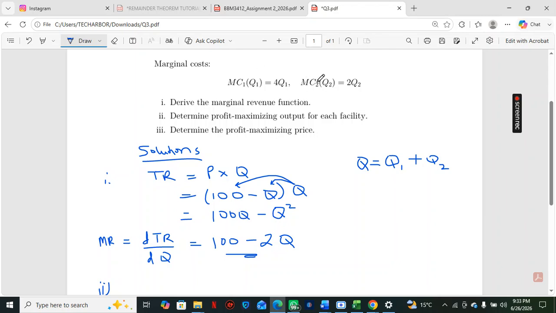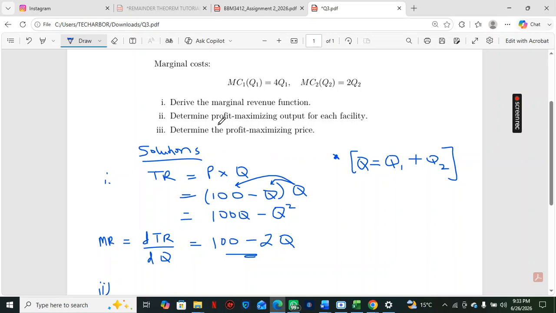Because you've got two different facilities with different costs, and obviously each of them will be producing a different output. So in total, as you can see, there's a Q1 here and a Q2 here. When you combine these two outputs, they give you the overall Q. So you have to keep this in mind. This is a point you need to remember.